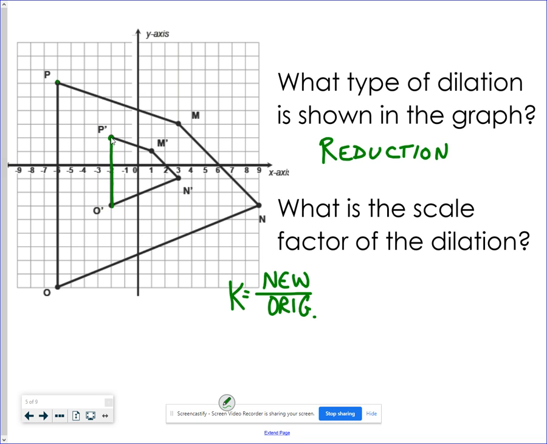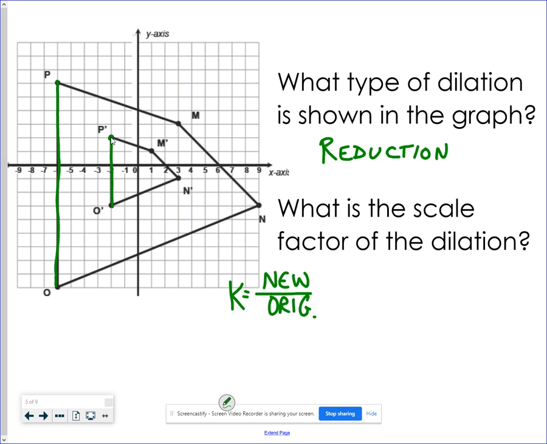Certainly welcome to do that, and I will probably do that as well. But you can also just take one pre-image point and the new image point and see what it got multiplied by. I'm actually going to use M and M prime because those are kind of the nice small numbers here.